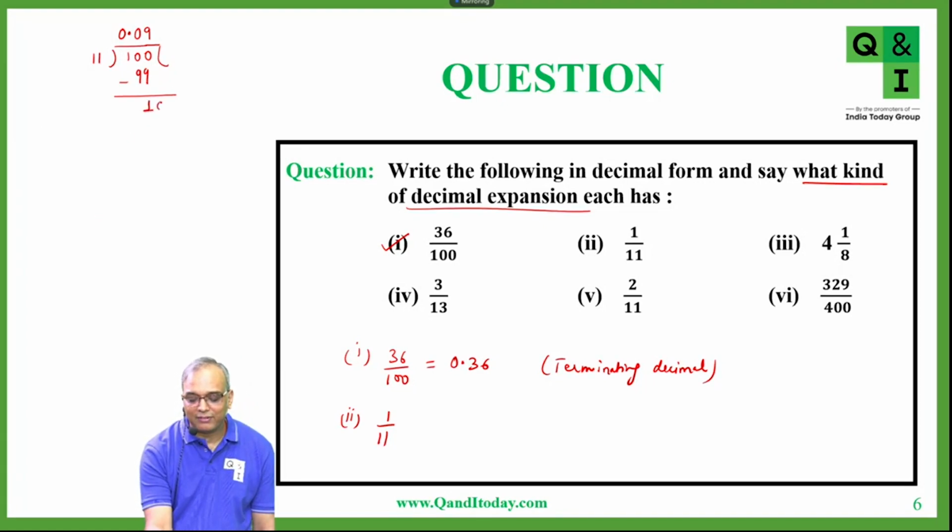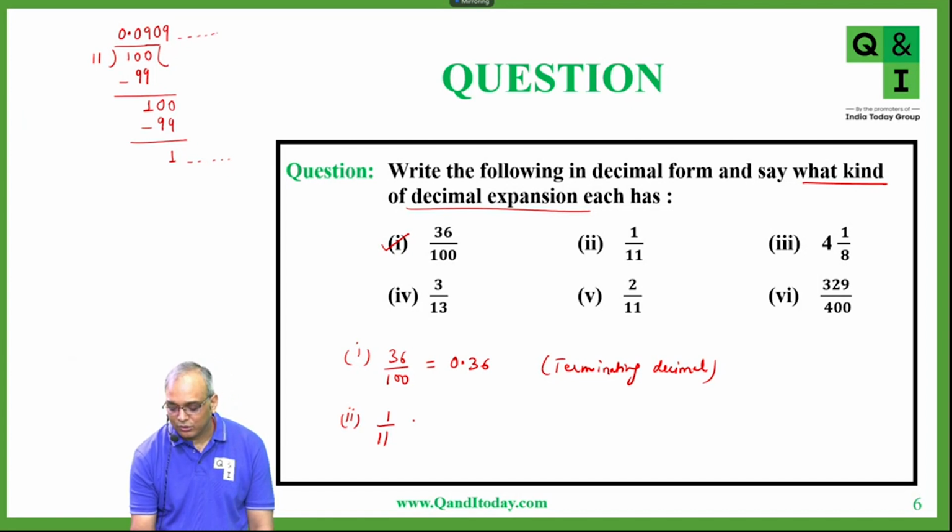Now, because we have one decimal, we can have 10 here, but still it is less than 11. So I'll put another 0. We'll have 100. Again, 9 times 11 is 99. Again 1. So this keeps on repeating. So 1 by 11 will be 0.0909, and so on, which can be written as 0.09 bar.